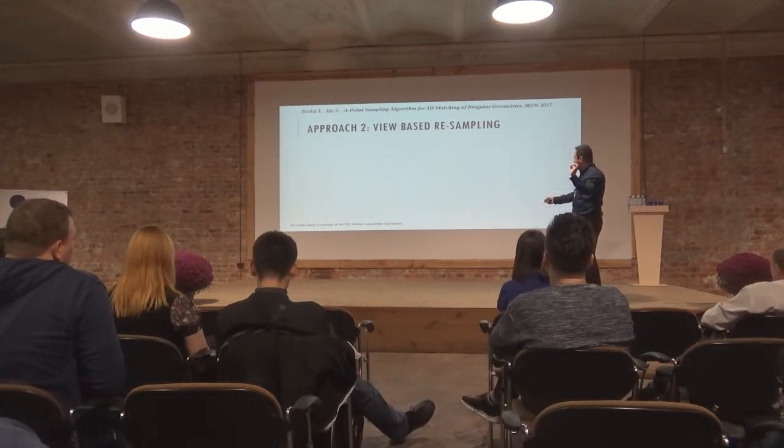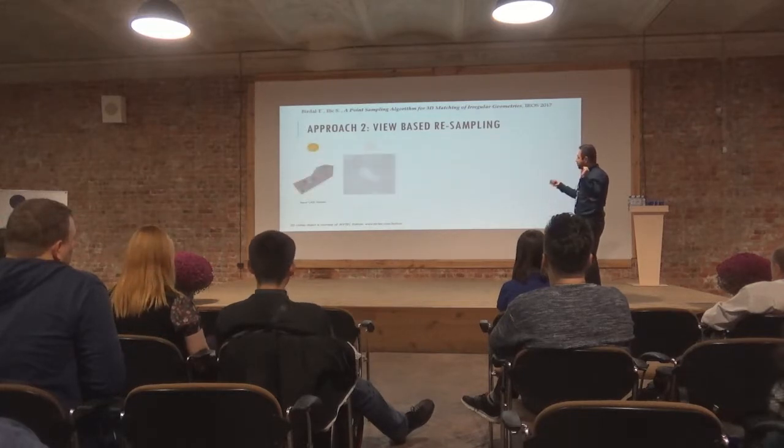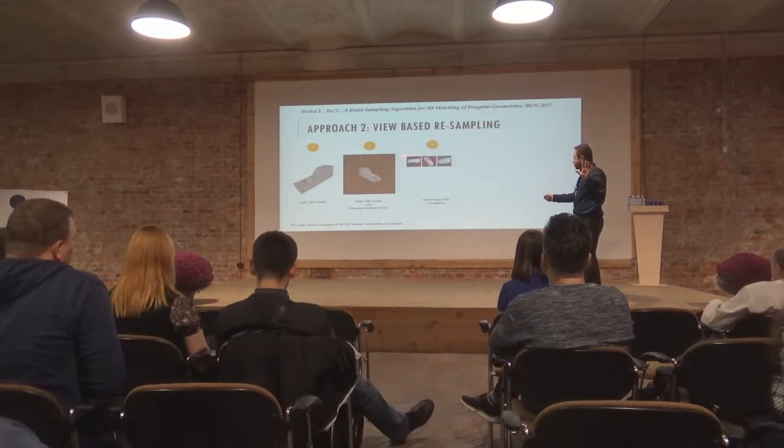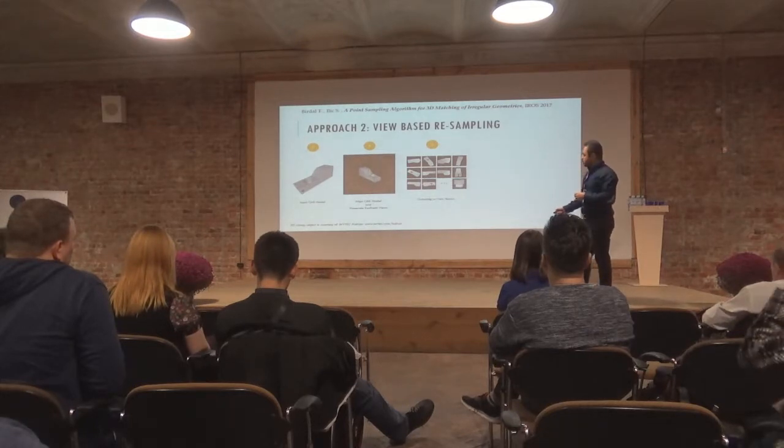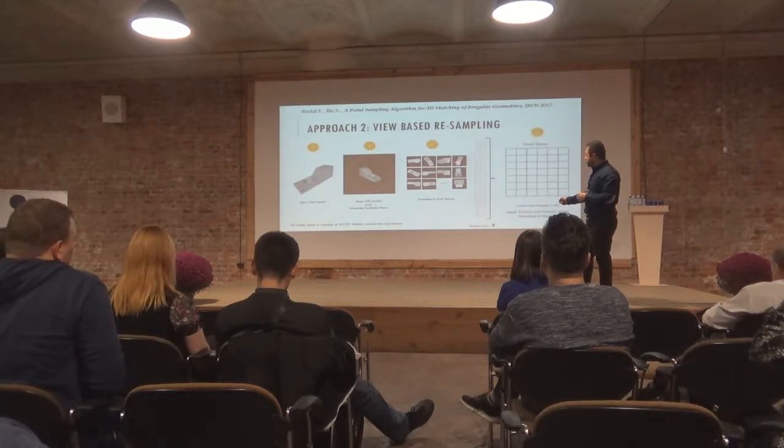And then you take your discrete samples from the image space. So image space is already discrete, right? But you take those samples.